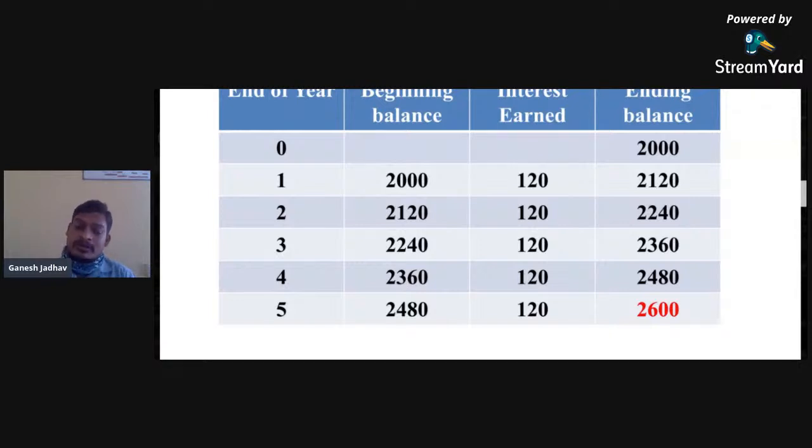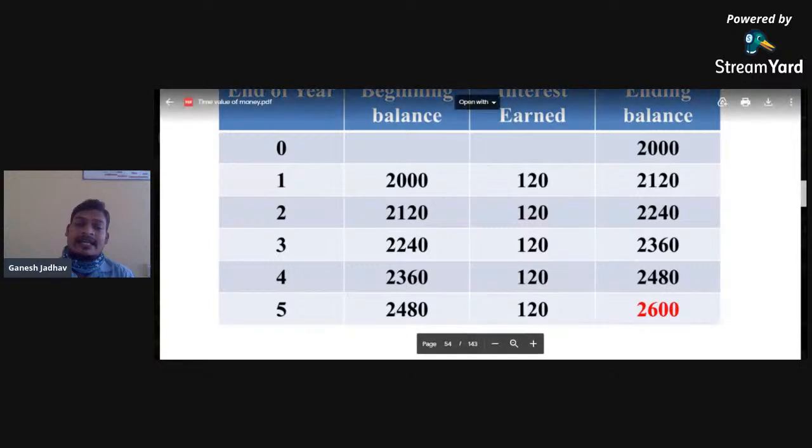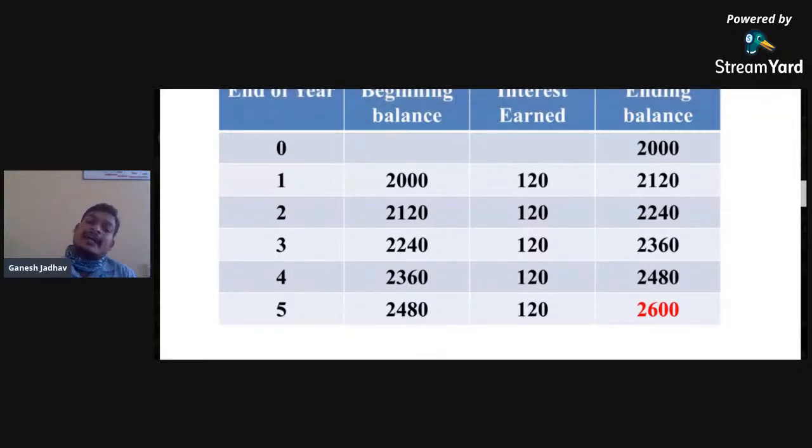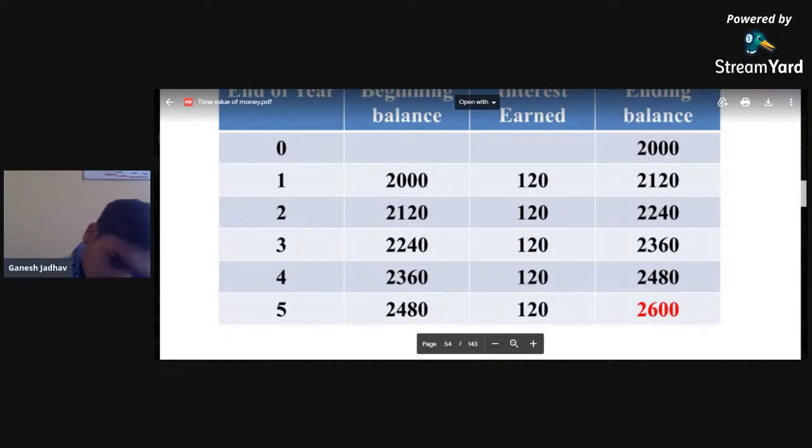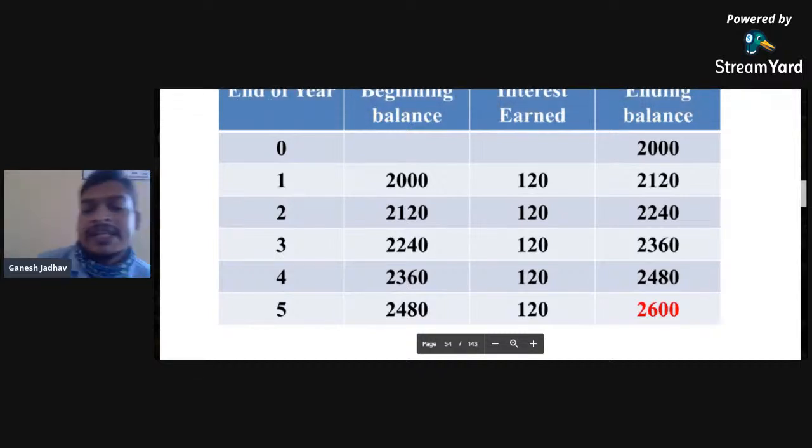At the beginning of the fourth year it is 2360 rupees, and adding 120 gives 2480 rupees. The fifth year beginning value is 2480, the earned interest is 120, and the final amount is 2600. Okay, so this is the simple example.